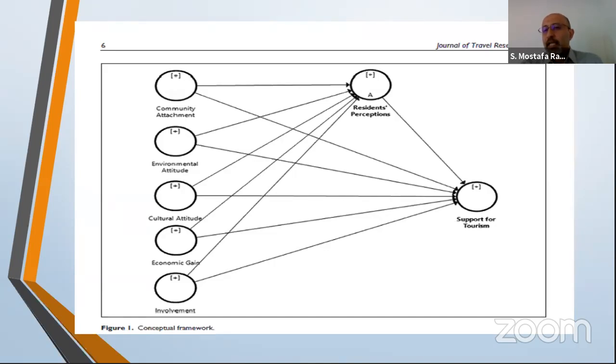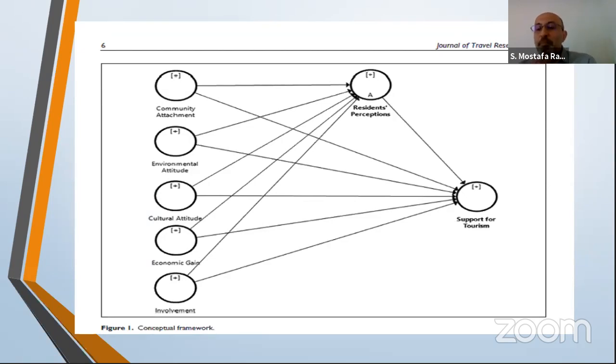Because when we say resident perception transmits the effect of IV on DV, it means the IV should affect the mediator, resident perception, and also resident perception should affect support. So we need support from the literature and theory for the effect of the mediator on DV.